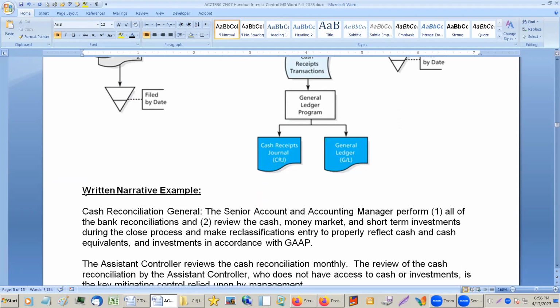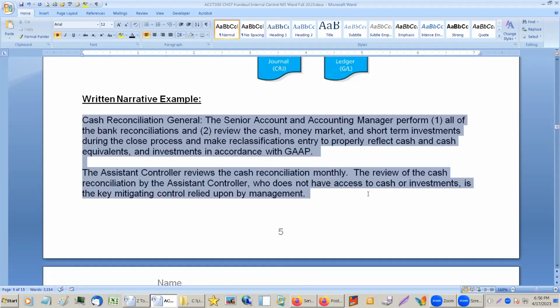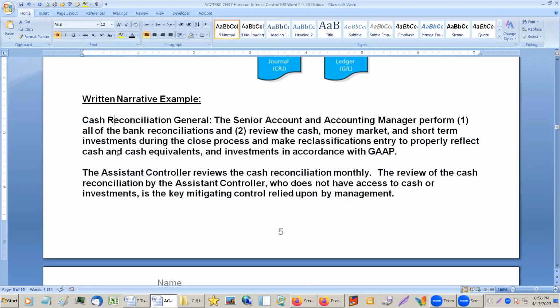And the last way, the written narrative, is just kind of what it says. It just writes out completely what is actually happening. What are the controls?